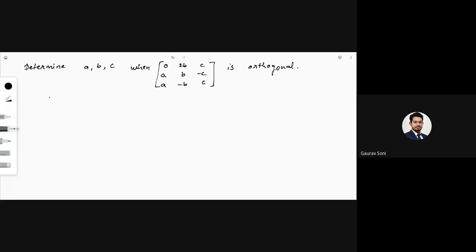So we'll consider A into A transpose, and it has to be equal to identity since it is given that the matrix is orthogonal.